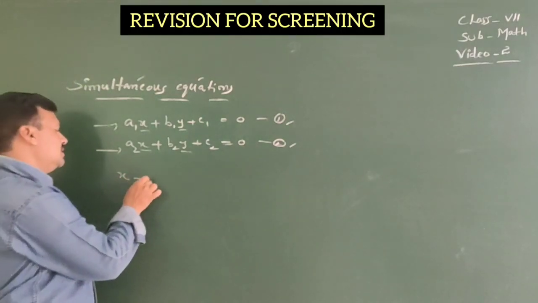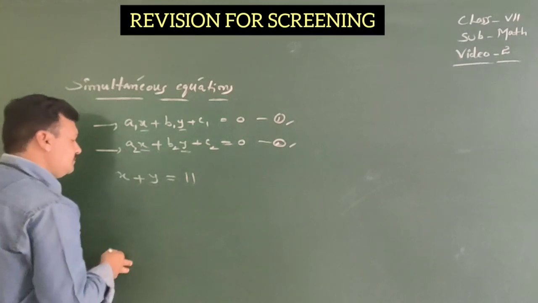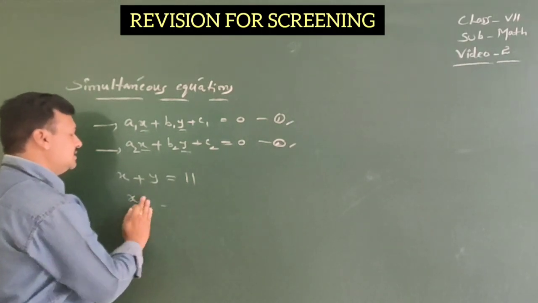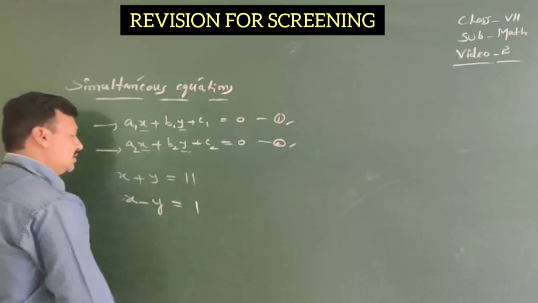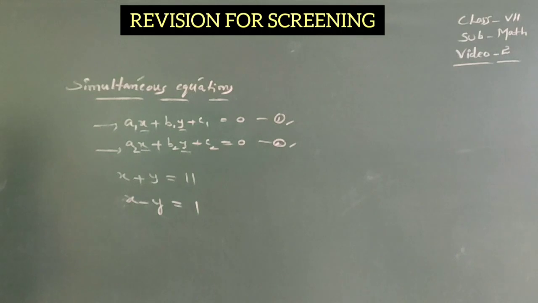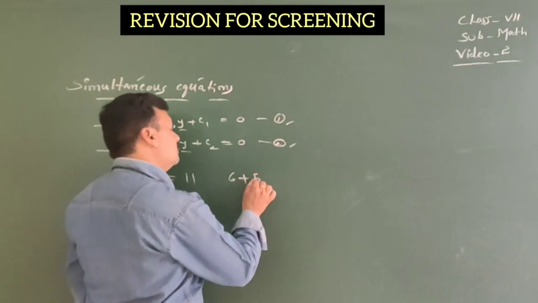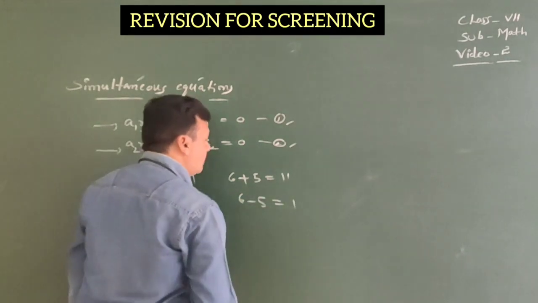For example, sum of two numbers is 11 and their product is 30. Otherwise, their difference is 1. Here, 6 plus 5 equal to 11, 6 minus 5 equal to 1.